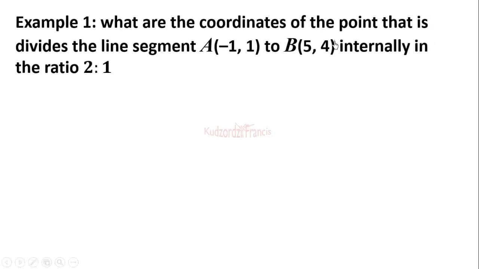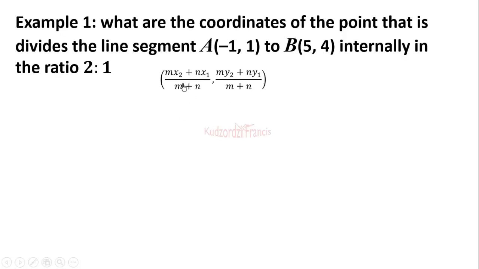What are the coordinates of the point that divides the line segment A(-1, 1) to B(5, 4) internally in the ratio 2:1? So we recall our formula: (m times x2 plus n times x1) all over (m plus n), then (m y2 plus n y1) over (m plus n).